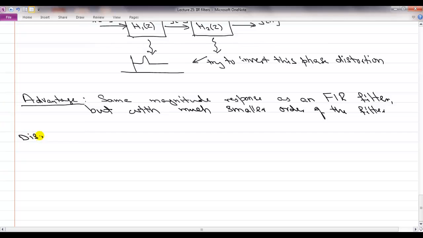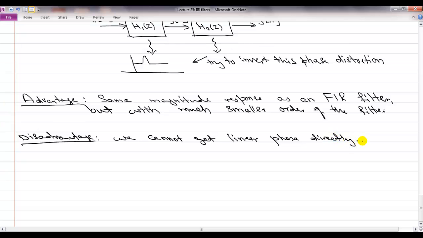The disadvantage, of course, is what we talked about earlier. We cannot get linear phase. Now you can try to stick an all-pass filter after an IIR filter to get linear phase, but then you have to count the cost of both the filters.